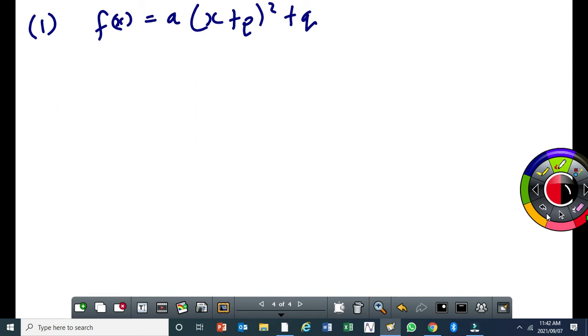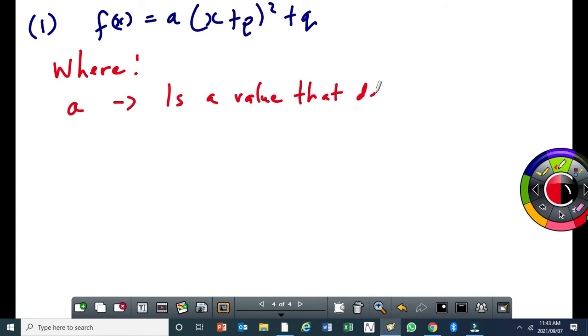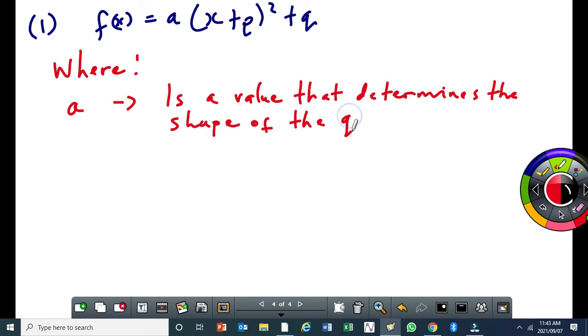All right, let me just define them for you then. Let's start with a. a is the value that determines the shape, or you can call it the orientation if you want, of the quadratic graph.